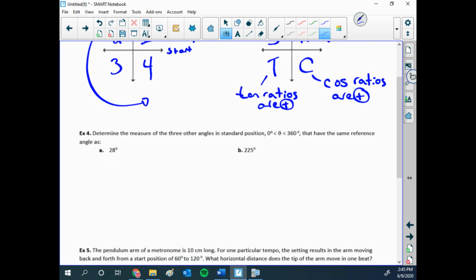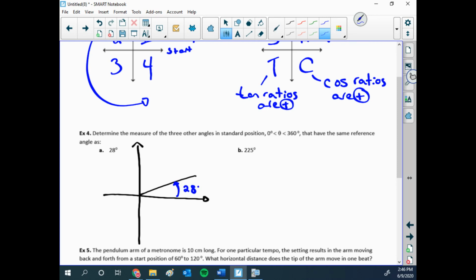All right, so example number 4 says, determine the measure of 3 other angles in standard position, which is between 0 and 360 degrees, that have the same reference angle as 28 degrees. So, I'll sketch my axes here. Here is one reference angle of 28 degrees.